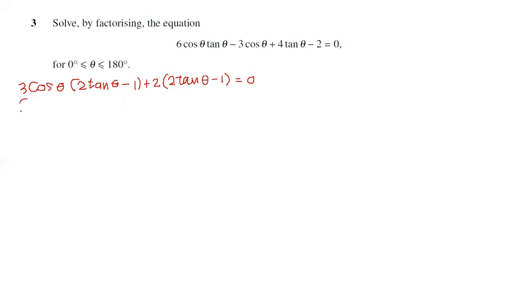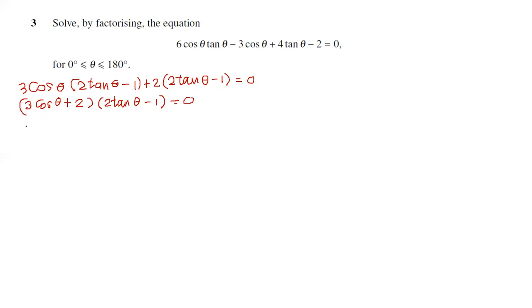It means (3 cos theta plus 2) times (2 tan theta minus 1) equals 0.